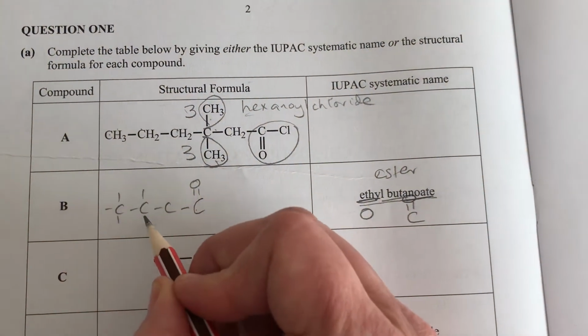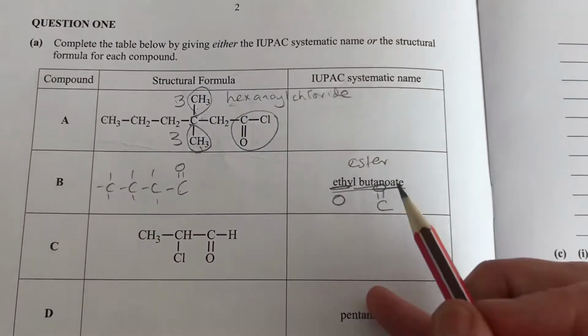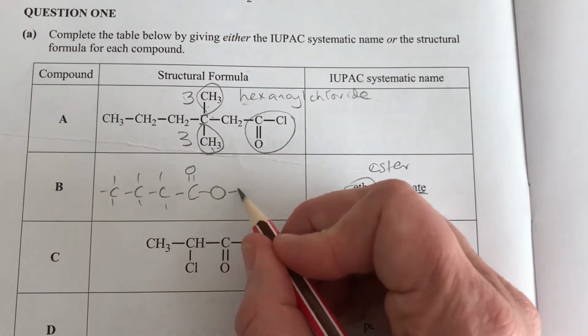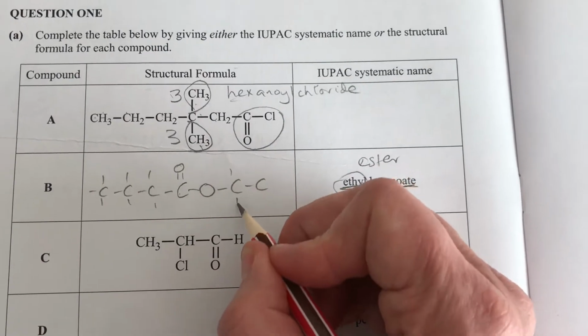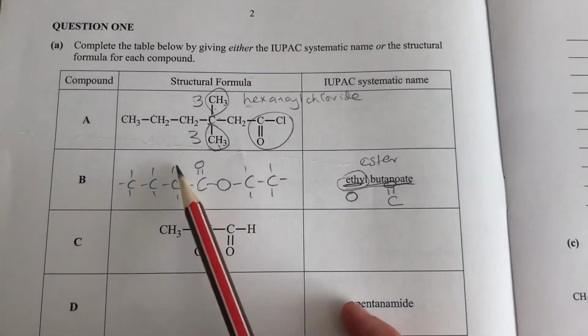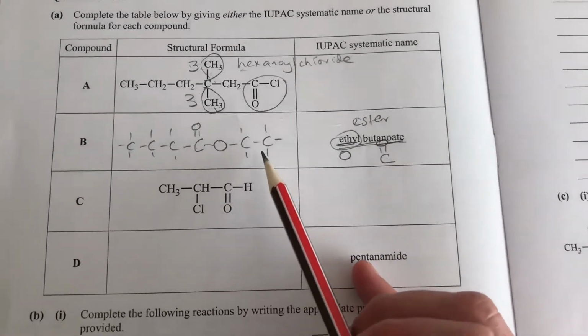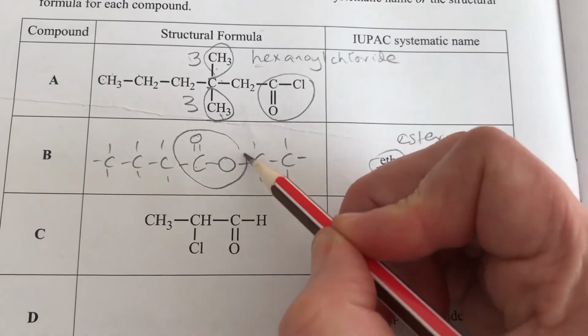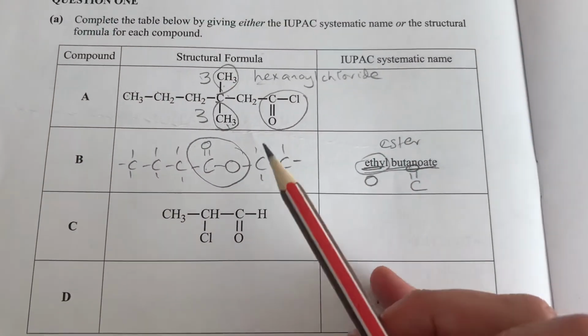I'm not going to draw all my H's in it, it'll just take me too long. And then the ethyl bit, make sure I've got my ester functional group, and then 2 carbons off that with all the hydrogens. Don't forget, you must draw your hydrogens in your examinations. And don't forget, you should be able to identify an ester functional group there.